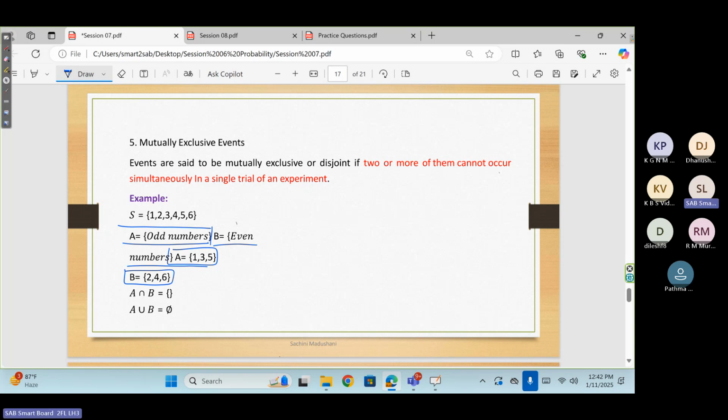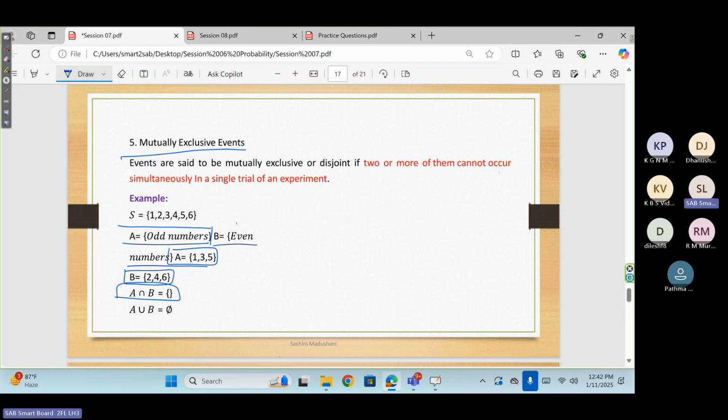Tell me, are there any common elements? No. A includes 1, 3, 5, B is 2, 4, 6. It means A and B are mutually exclusive. It means there is no intersection. There are no elements in the intersection.